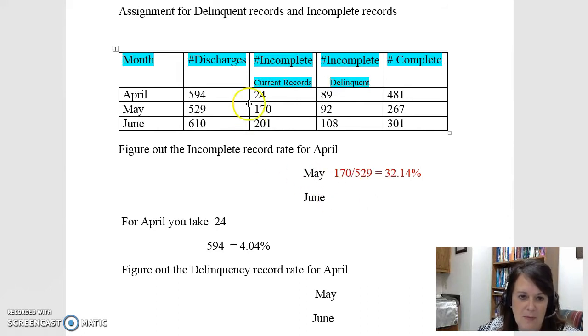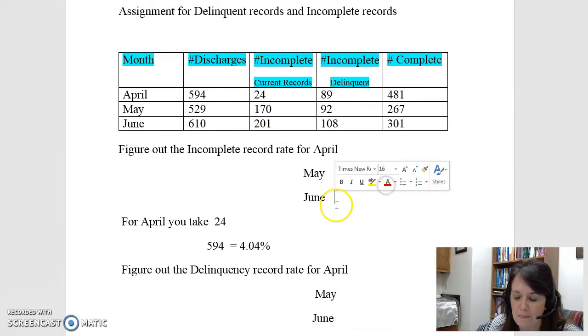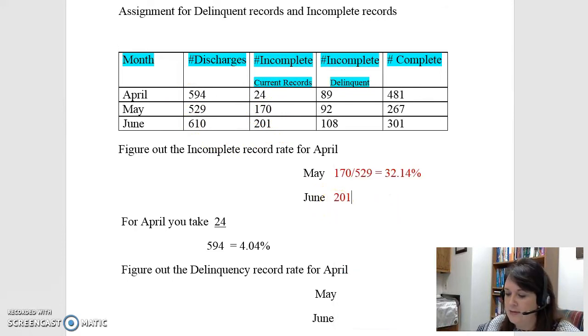If we then get back to our calculators and do June, we're going to do 201. Oh, I'm not right anymore. Hold on a second. We can do 201 and divide this by, let's see, 610. Okay?